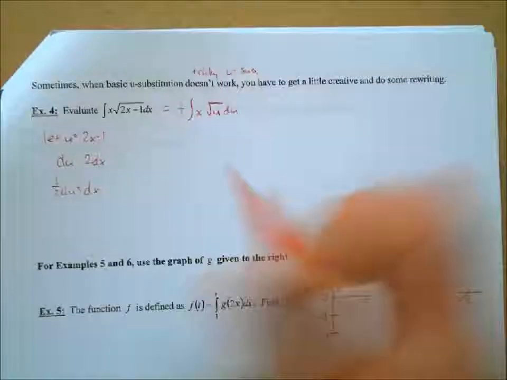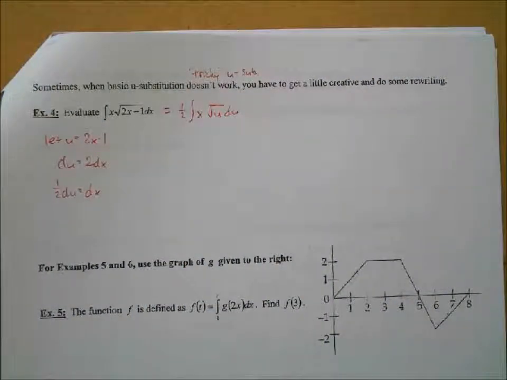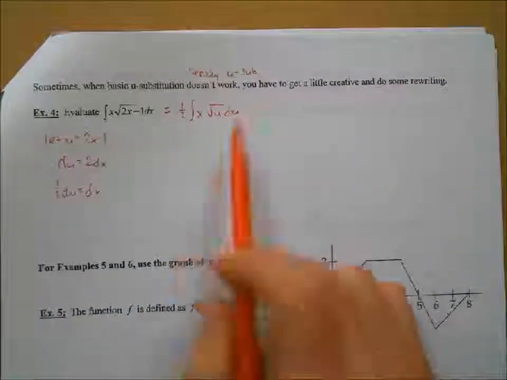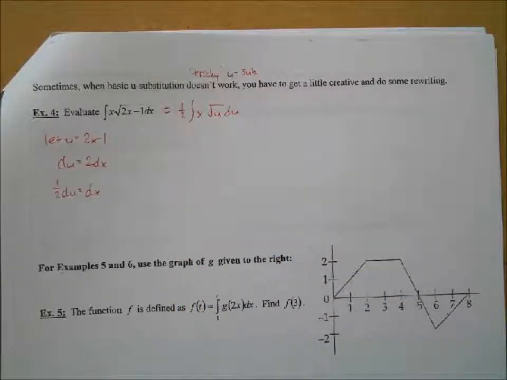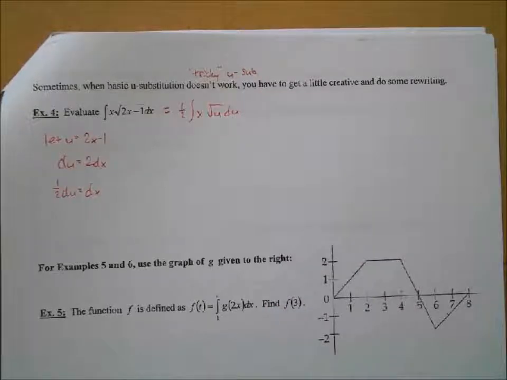And this little x right here is a problem because we can't integrate something if it's not all the same variable, all right? But what relationship do we have here between u and x? U is 2x minus 1.